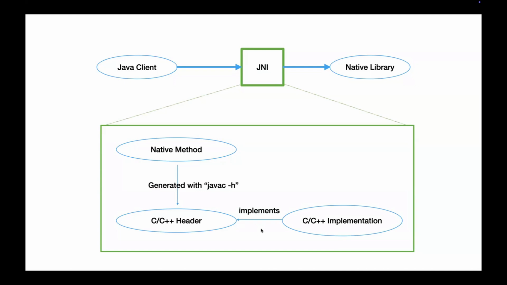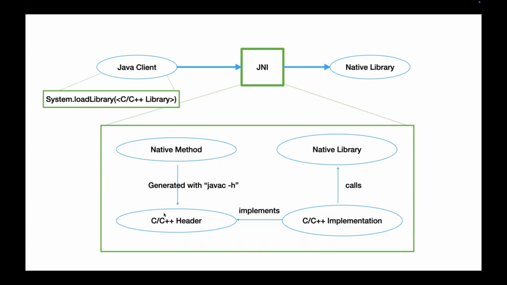The implementation you write uses and calls the actual library you want to call, so it is packed in a new library, and then you have to load this library into your Java code. And then, fingers crossed, everything works.